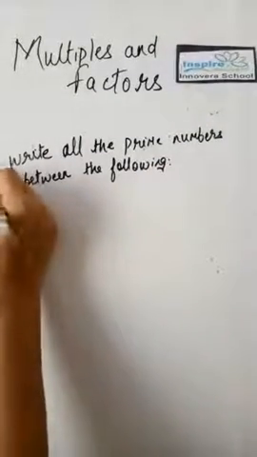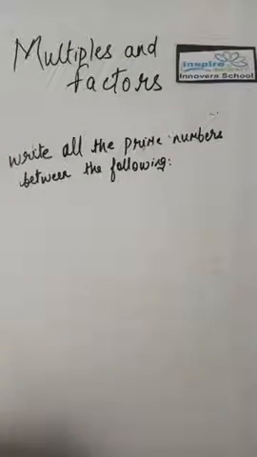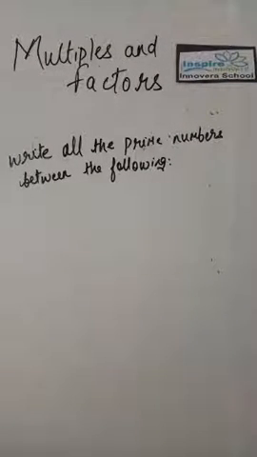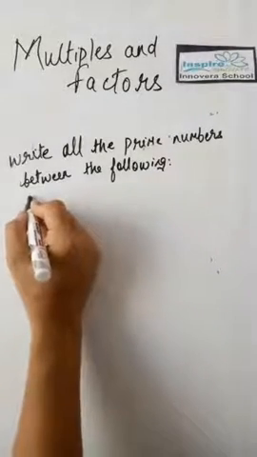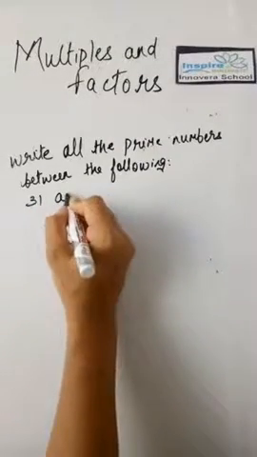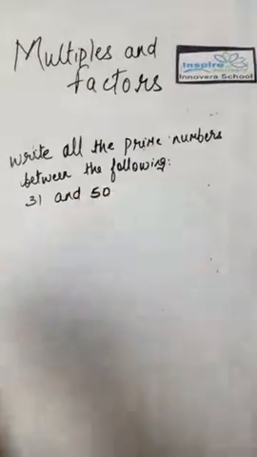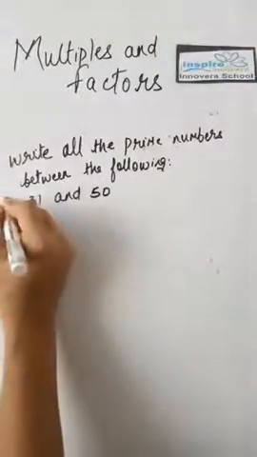Now you know what prime numbers are. 1 is a unique number, neither a prime number nor a composite number. So now write all the prime numbers between 31 and 50.